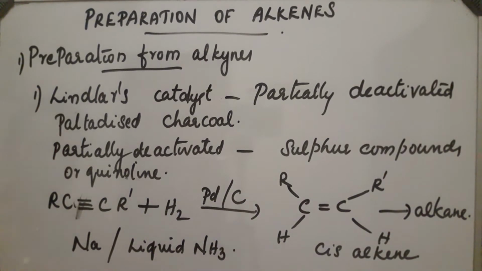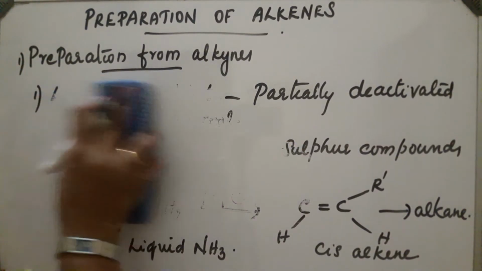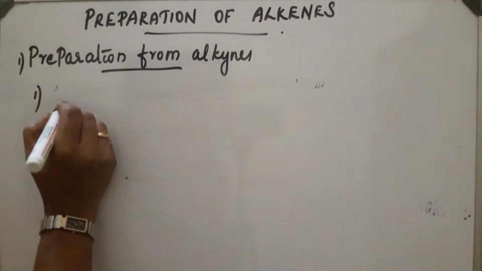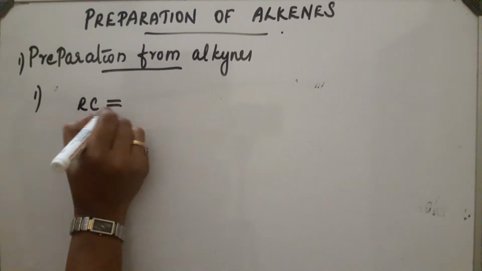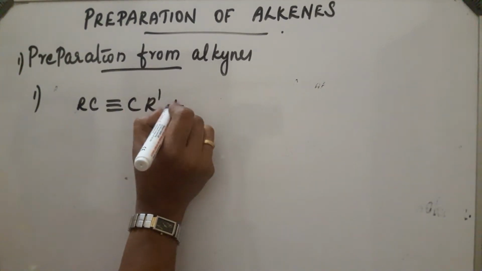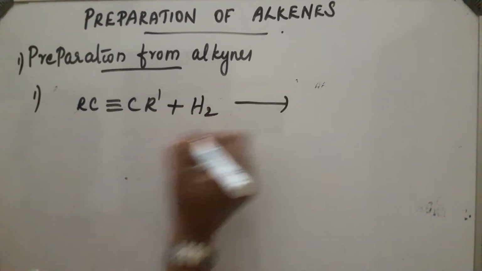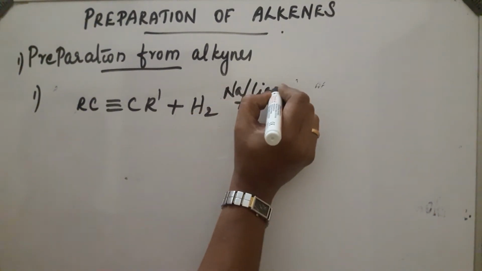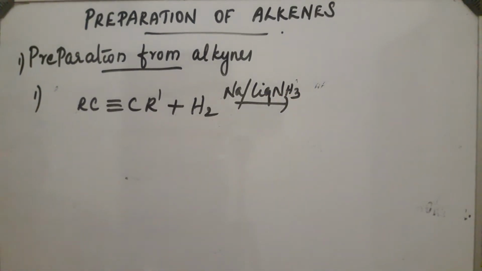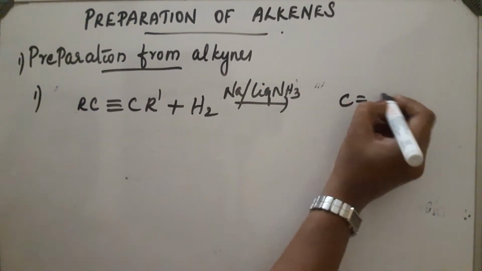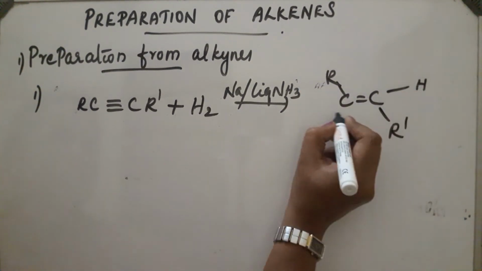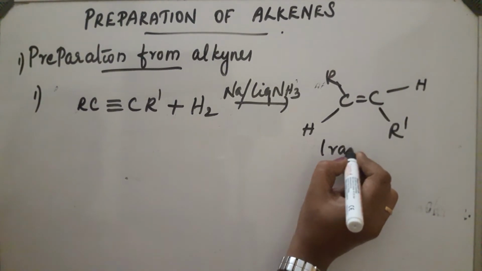An alkyne RC triple bond CR' on reduction with hydrogen, in the presence of sodium and liquid ammonia, gives a product that will be a trans alkene.